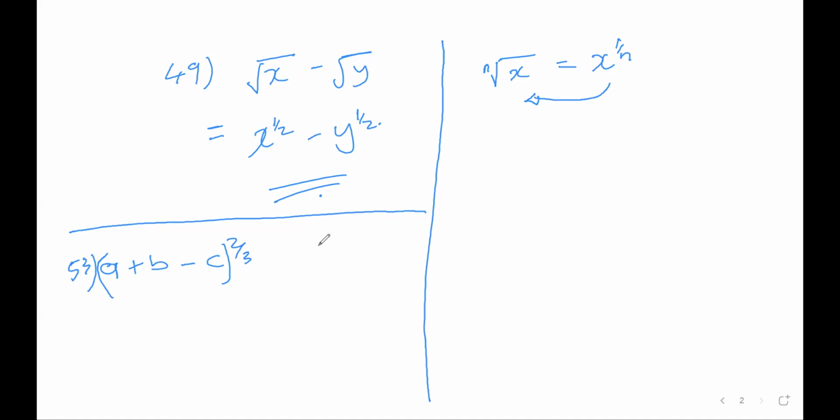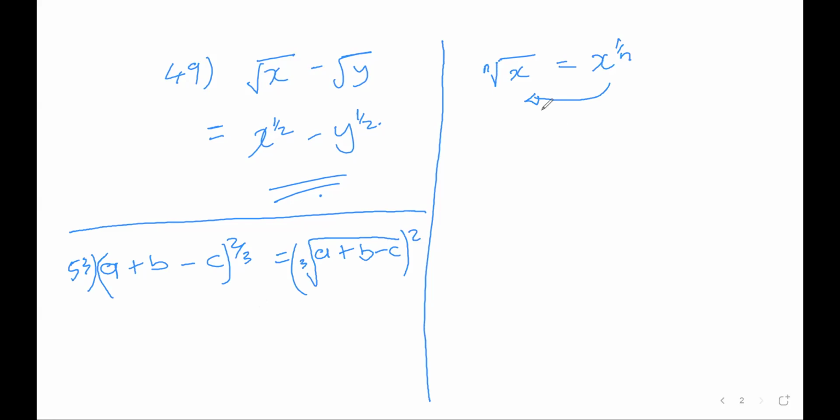Okay, that's how we are moving from the right-hand side to the left-hand side, and see that this is then the cube root of a plus b minus c, all of this squared, and this is then the radical form of this.